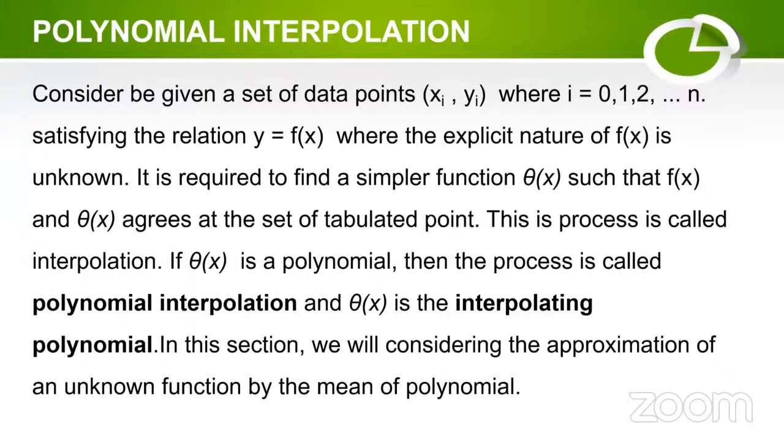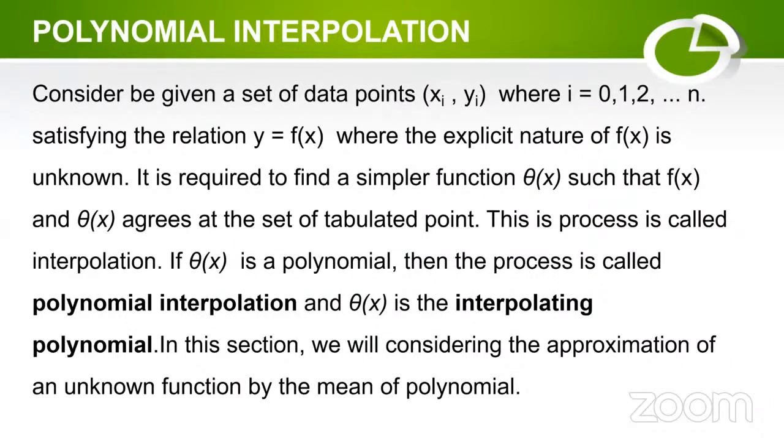So, like I was saying, for polynomial interpolation, here we consider a given set of data points, xi, yi, where our i ranges from 0 to n, certifying that our y is equal to function f of s. Most times, our function f of s is not explicitly stated. That means the function f of s is unknown. It is required that we find another function, let's say theta of s, such that our f of s and our theta of s agree at the set of tabulated points.